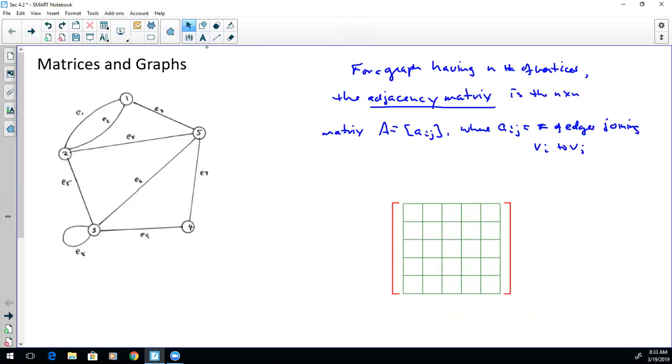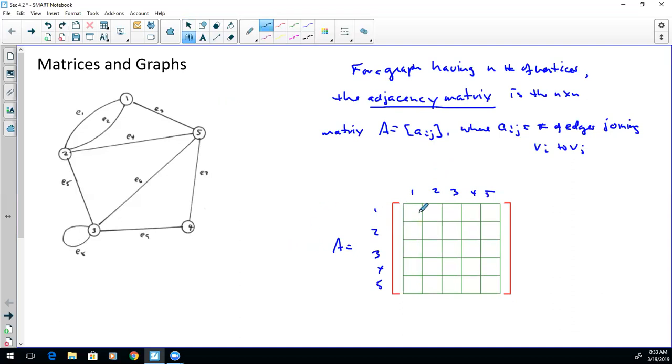But for our matrix A here, every row corresponds to a vertex, and every column corresponds to a vertex. Okay, and what we're going to do is count up the number of ways I can get from a vertex here to a vertex there. Excuse me, not exactly right. The number of edges that join them.